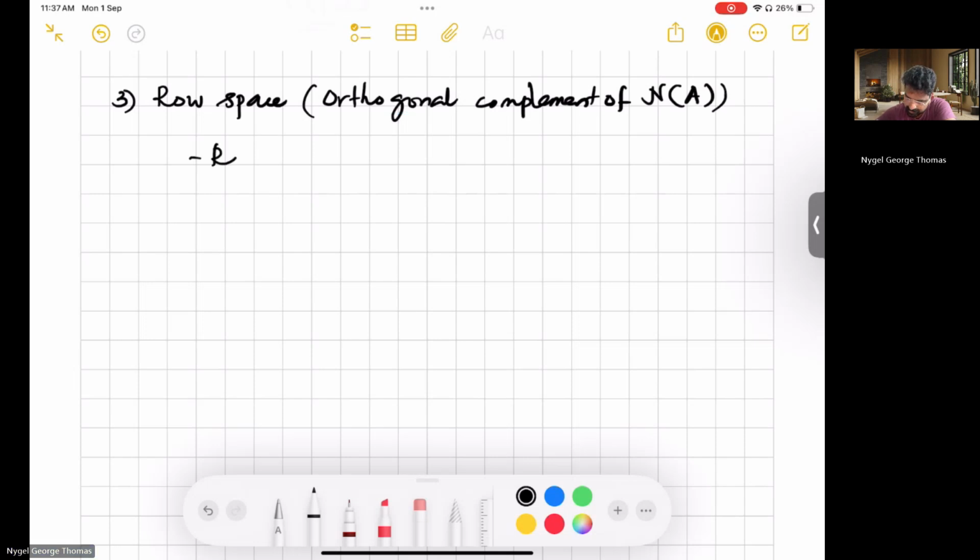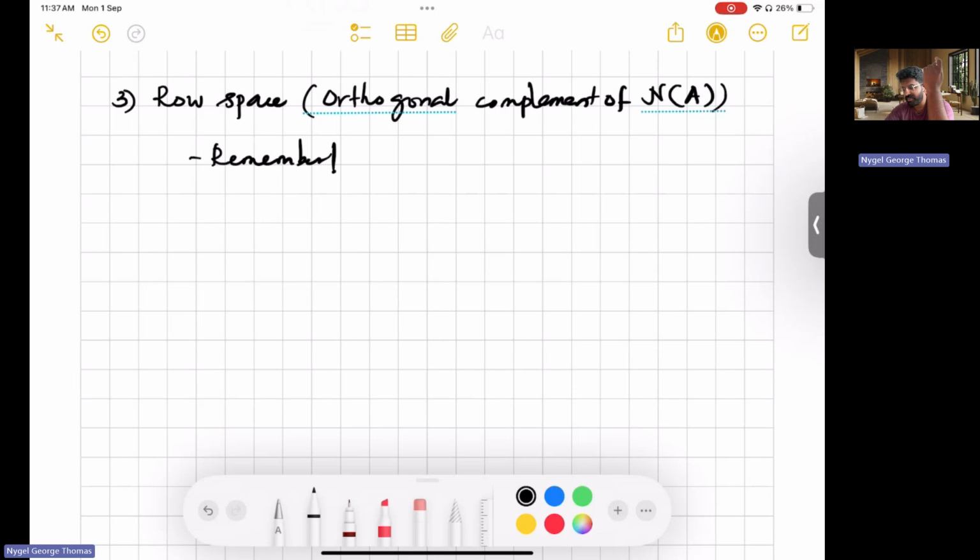Remember, the null space of A. What is the dimension of the null space? More accurately, the vectors which actually span the null space of A, what are the dimensions of those vectors?